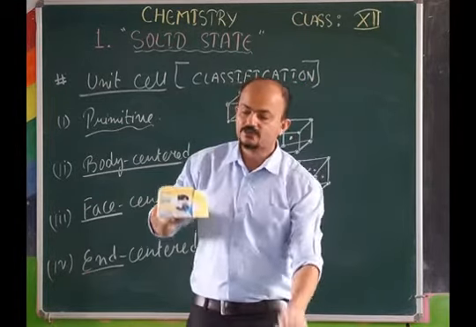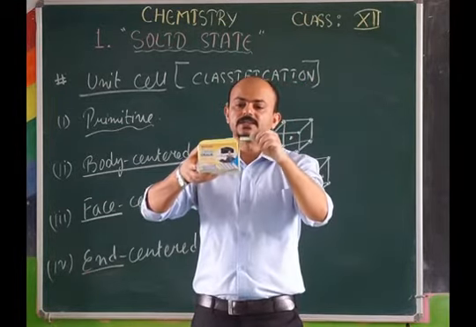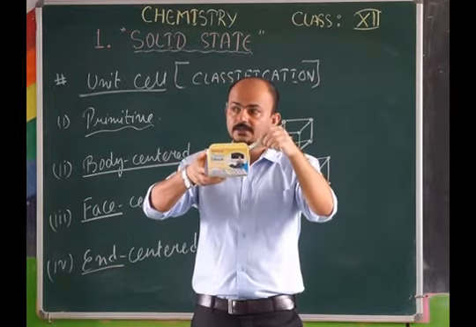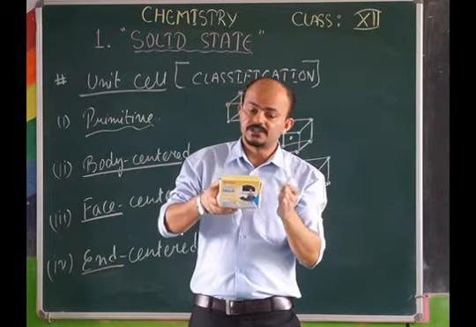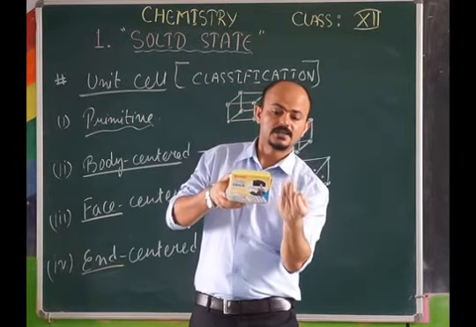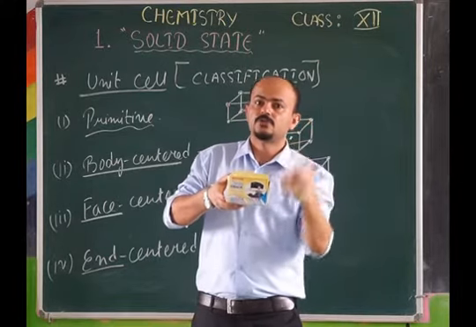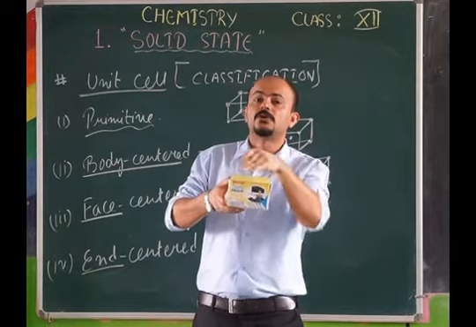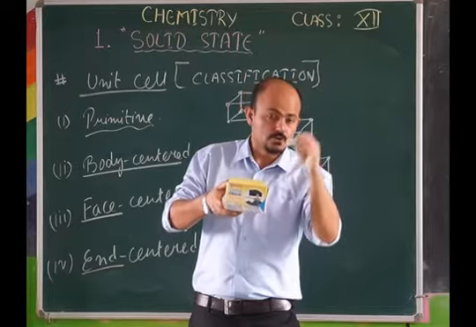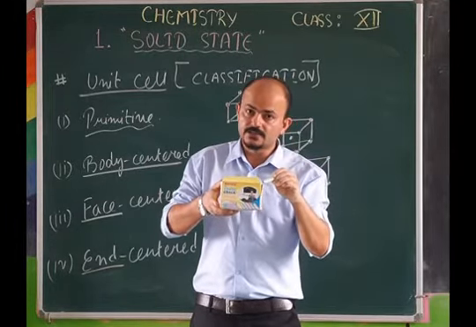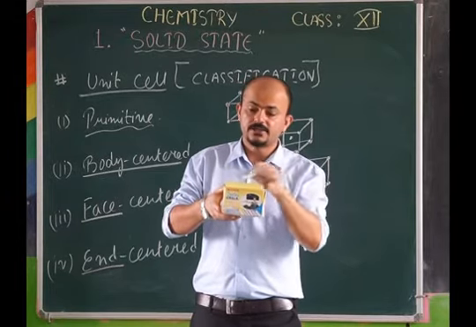Suppose you have an atom over here at this corner, then this particular atom will be shared by the cube present here, this side, 4, then above it. That means 4 plus 4 means 8 cubes. So let me say it once again. Here, if an atom is present at this corner, then it is already shared by this cube.